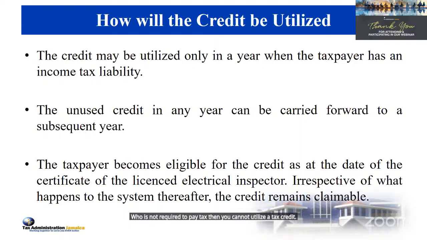Because a tax credit, as I would have explained to you before, is used to reduce your tax payable. So if you don't have tax payable, you cannot benefit from any credit at all. And this is not unique to the solar credit. You cannot benefit from any tax credit unless you have tax payable.